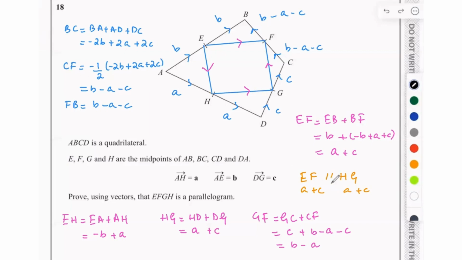Let's replace this with parallel signs. So that's proven.